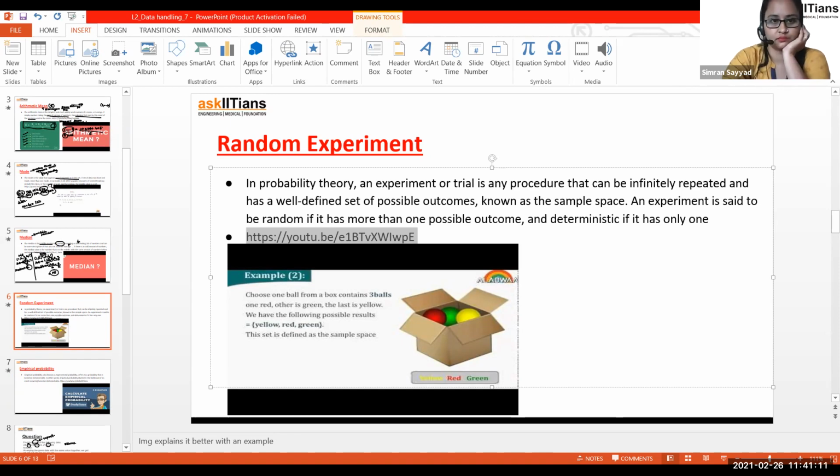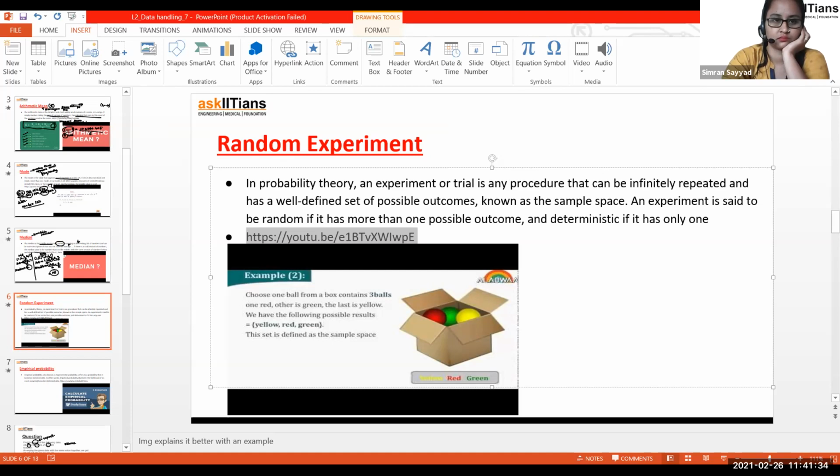Set of results is defined as sample space of this experiment. The random experiment, we define it as all experiments done such that we know all its outcomes, but we don't know which will occur.